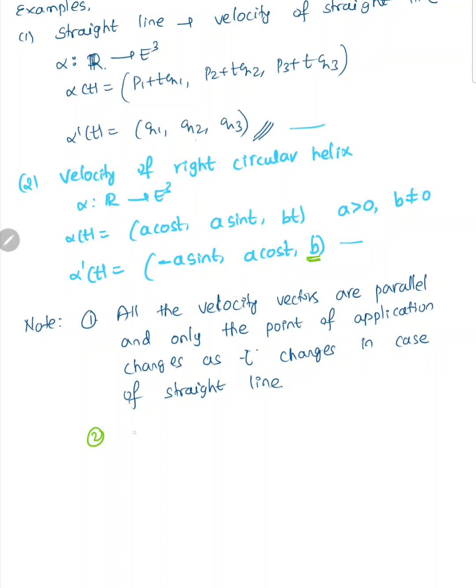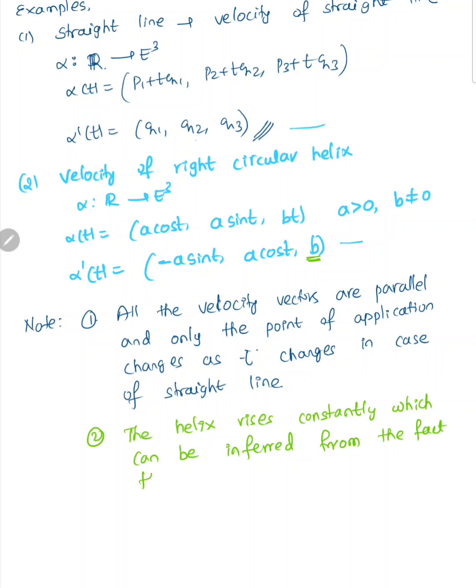This shows that the helix, which is the right circular helix, rises constantly, which can be inferred from the fact that the z coordinate of alpha dash of t is a constant.